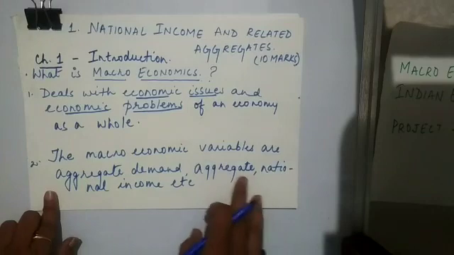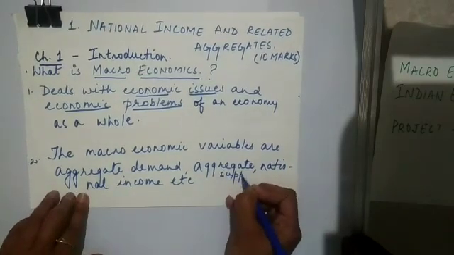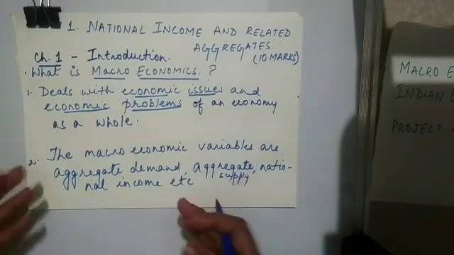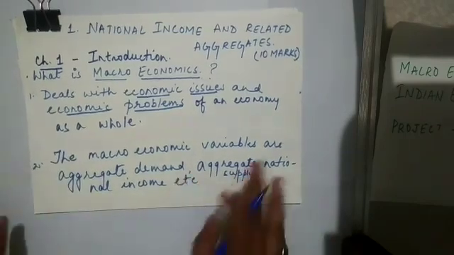Aggregate demand, aggregate supply, and national income, and many more are there. General price level, you all can write that also. This is the second point of macroeconomics.